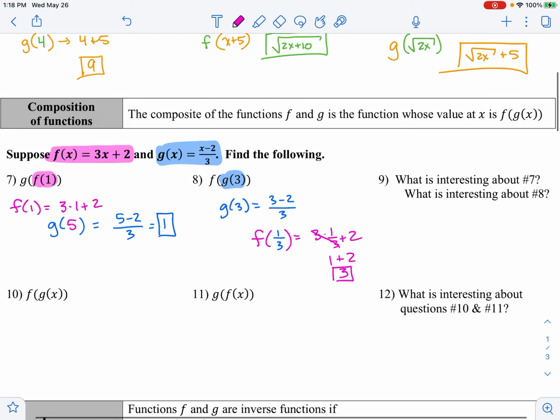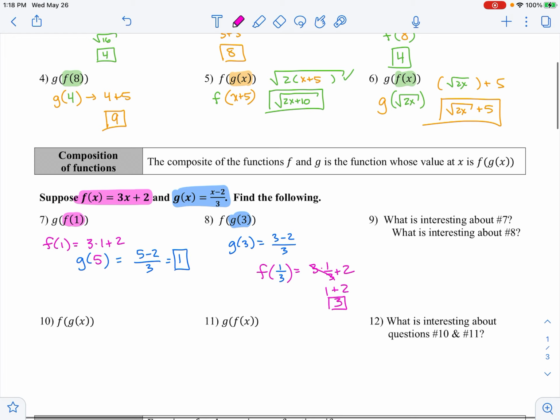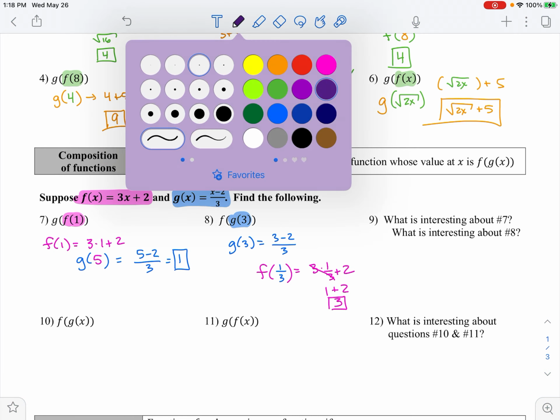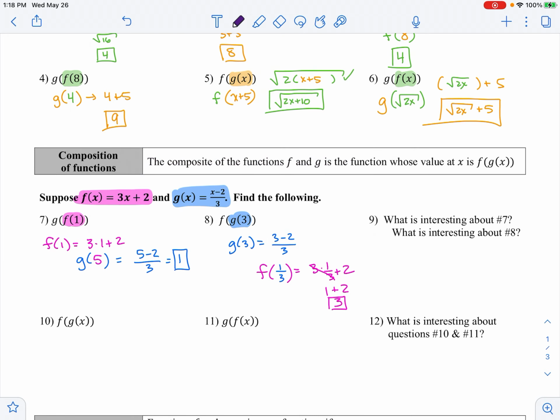Take a look at these two questions. What happened in these two questions that you find interesting? What happened that you kind of wonder, did that mean to happen? The biggest thing that I notice in these two is what I started with.